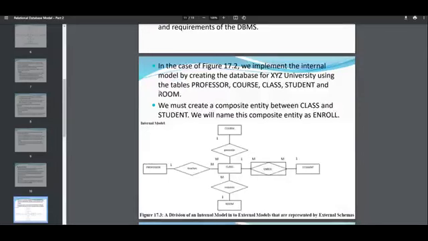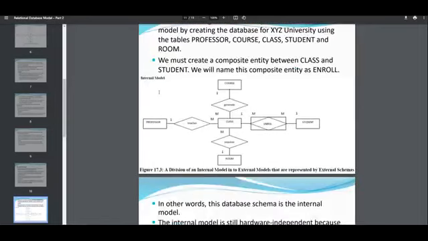So the internal model creates a database XYZ, university, using the tables professor and so on, the same kind of things. Then previously, what is the difference?